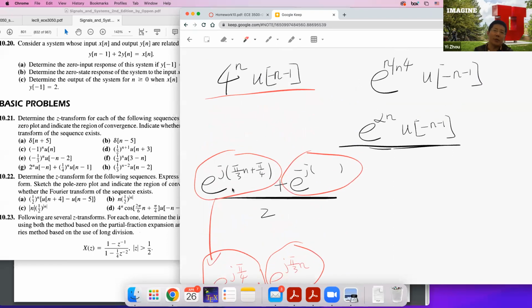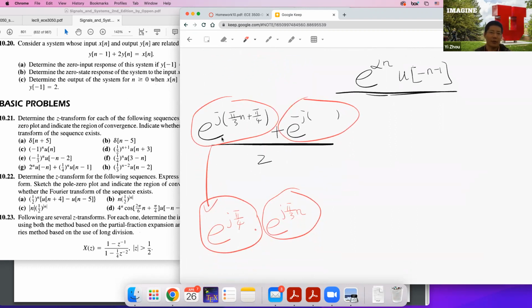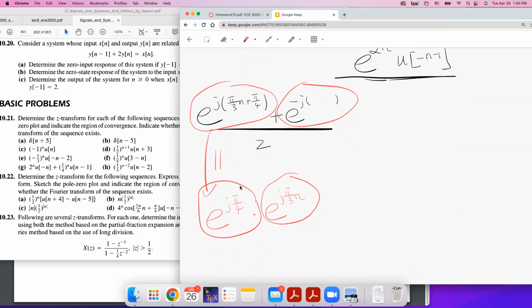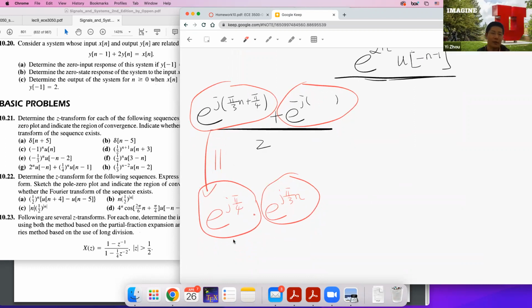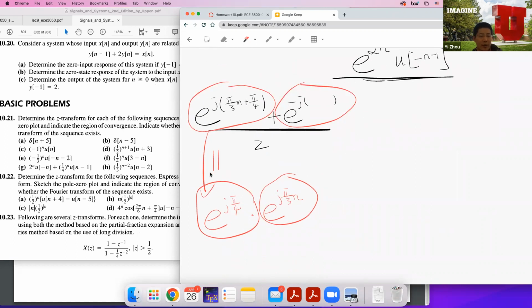Well, when you multiply this one with the signal, this is the exponential part. So this one equals the product of these two exponentials, right? And the first exponential part is a constant, a fixed complex number. It doesn't depend on n. So you can treat it as a constant scaling factor and put it aside.